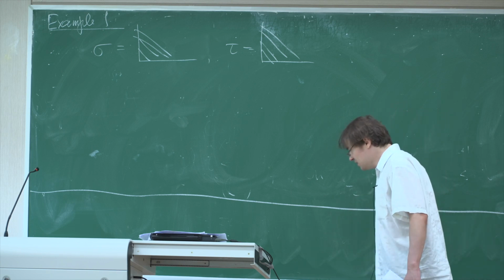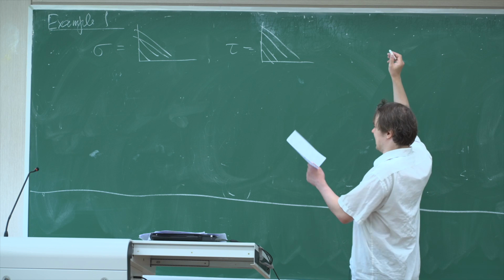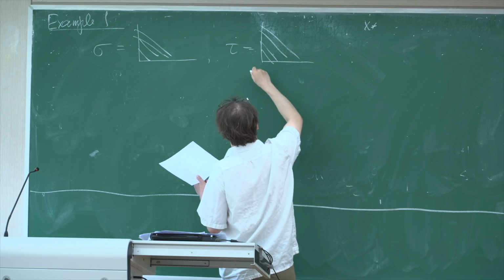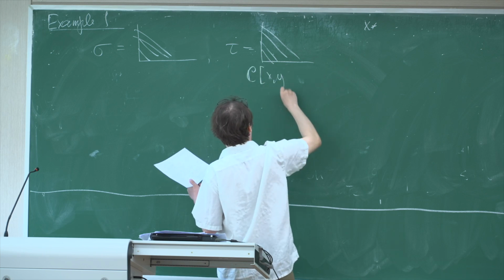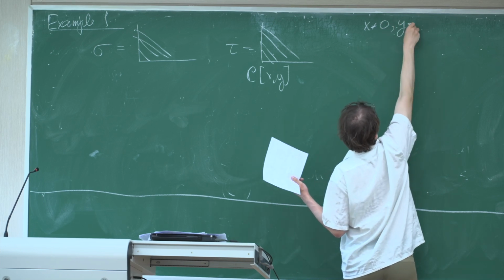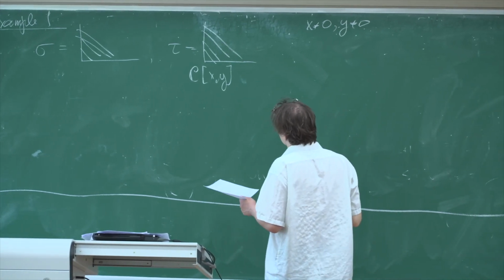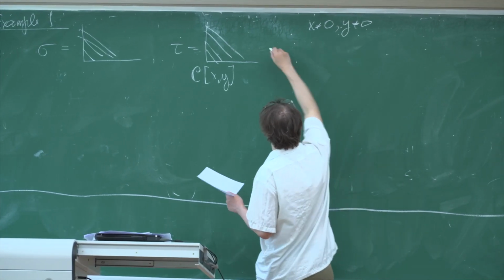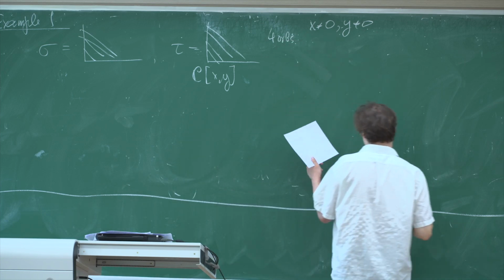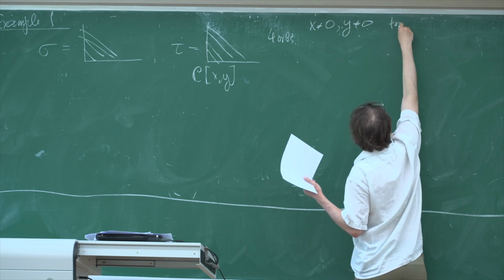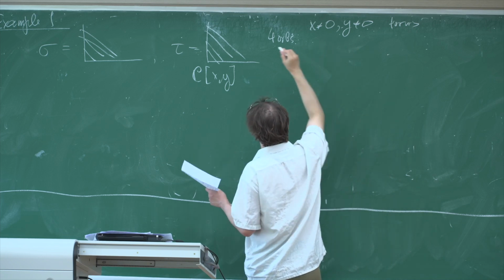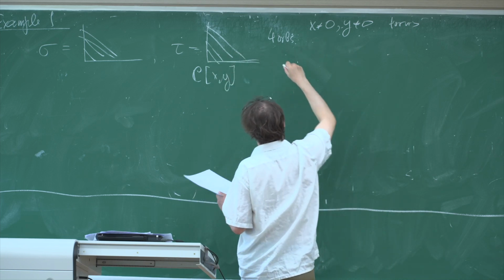To guarantee this, so this is c of x and y, it's enough to say that x is not 0 and y is not 0. So there are 4 orbits. This orbit is the open orbit, the torus itself. Then there are 2 sides, 2 edges.